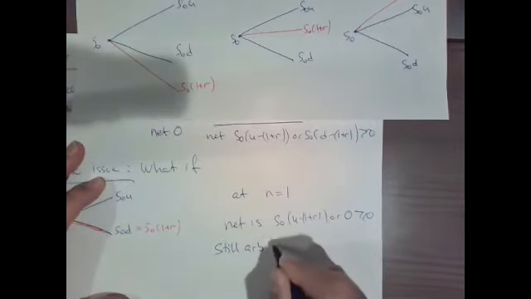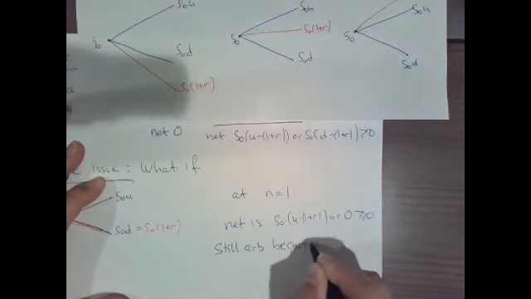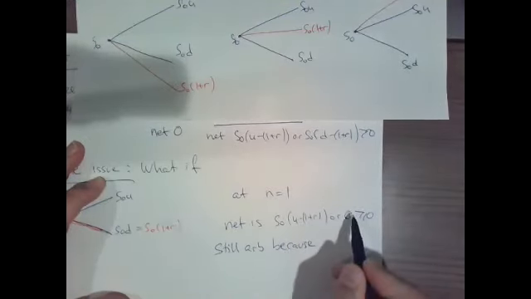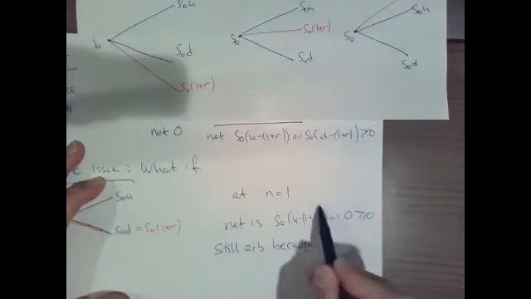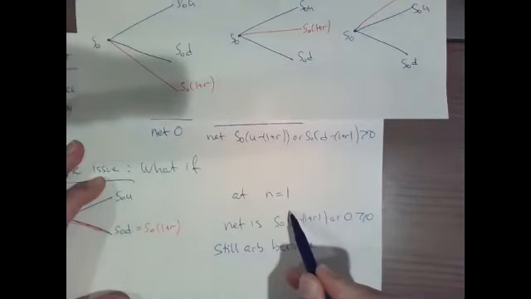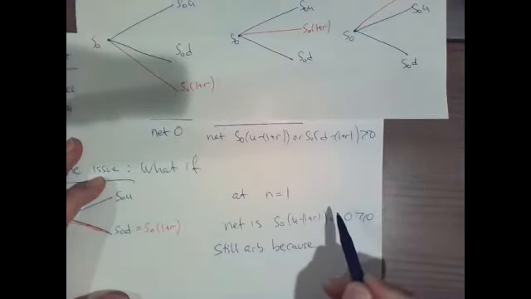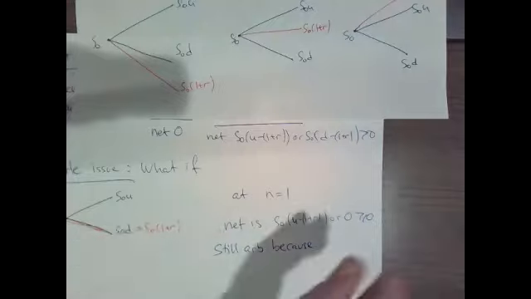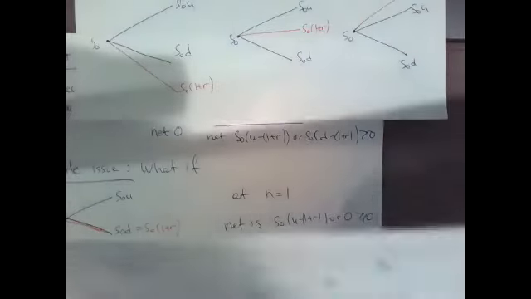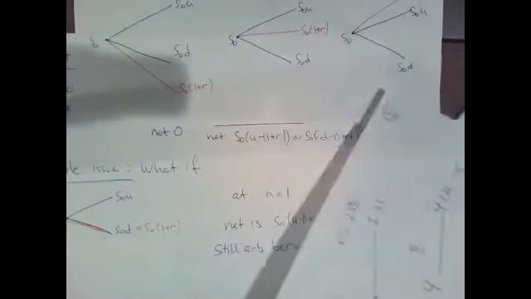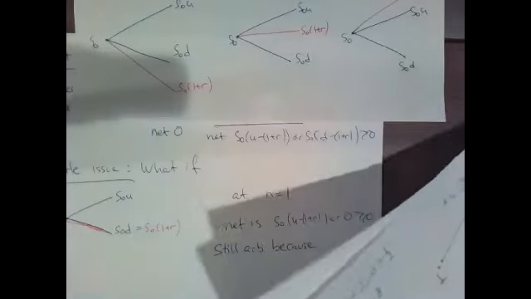This is still arbitrage because when do I get something? I get something in the up case. Is there a real probability of being in the up case? This is where we have to go all the way back to one of the first slides we had. The expected value is still positive.